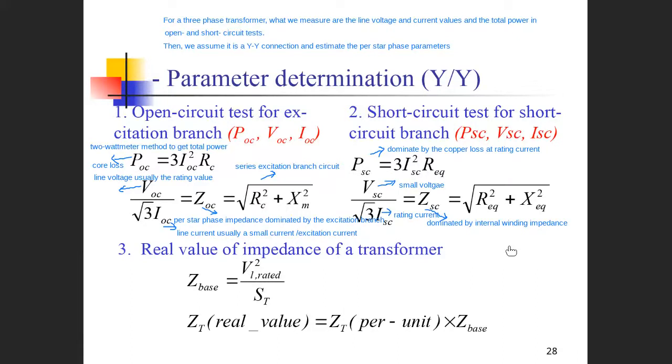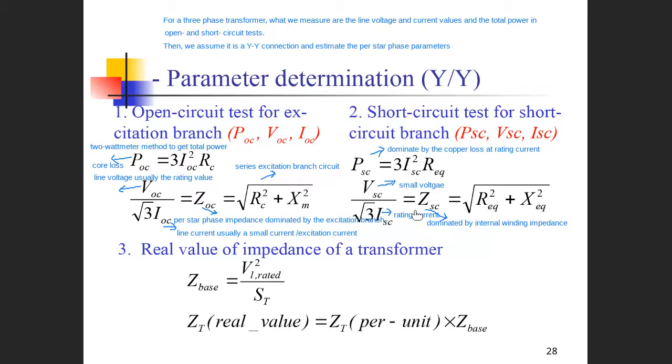In such a way, you can determine the copper losses and rating currents, as well as the internal impedance per star phase of the transformer. In such a way, you can determine the transformer's per star phase parameters, as well as the equivalent circuit.